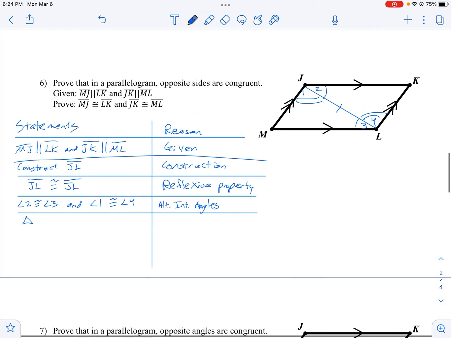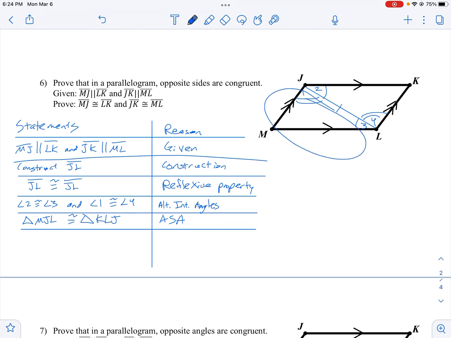Let me get the names right here. Triangle MJL is congruent to, and to get the other one in the right order, KLJ. And those are congruent by angle, side, angle. Now we have some congruent triangles. This triangle is congruent to this one.